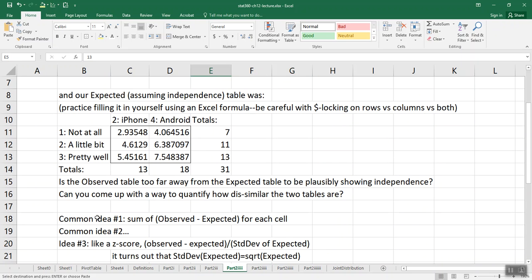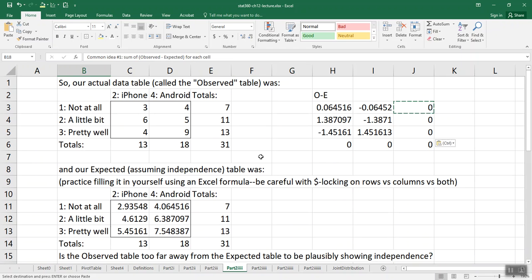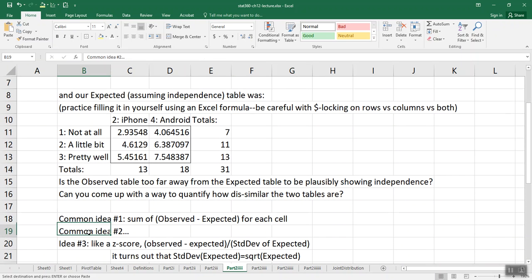So that first idea doesn't work out too well. It's just too boring. Now most people say, well, let's keep the minuses from canceling the pluses. Maybe take the sum of the absolute value of observed minus expected. That can work, but it ends up too complicated for other reasons.